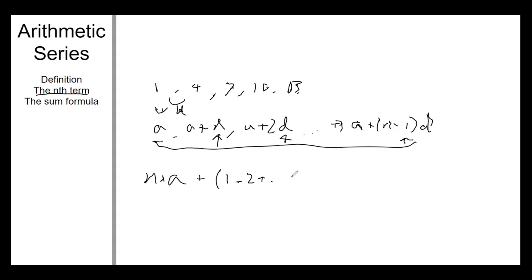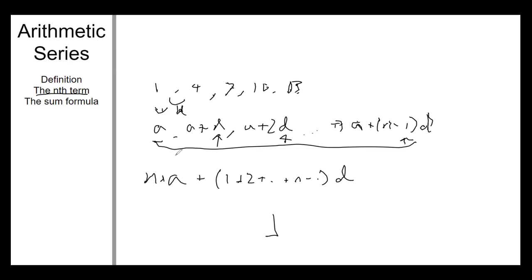So it would just be the sum of the most basic arithmetic sequence, 1 plus 2 plus 3 all the way to n minus 1, times D. And this would be another way that you can express the sum.